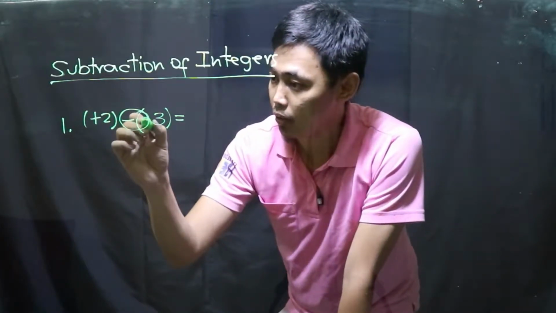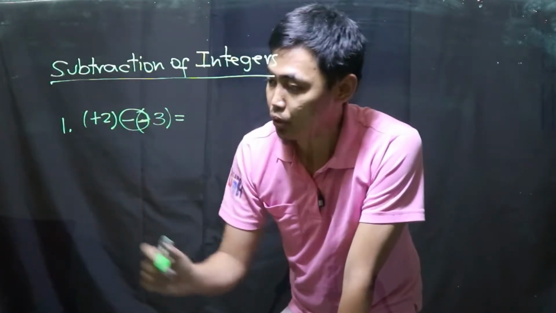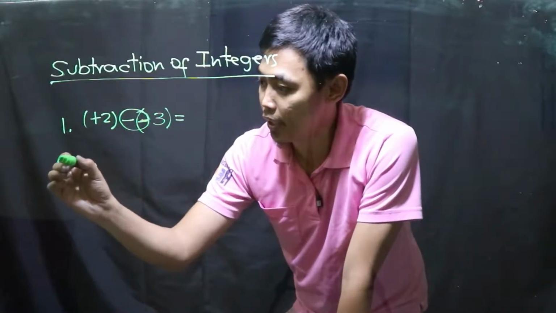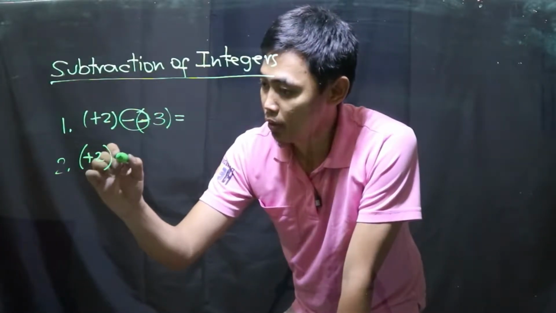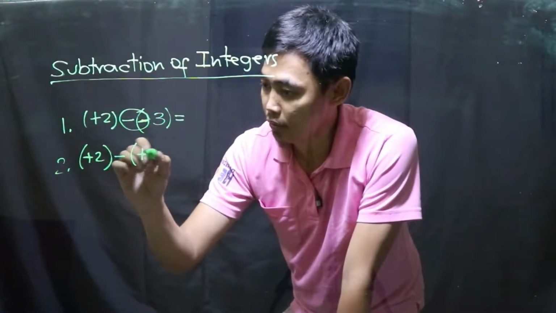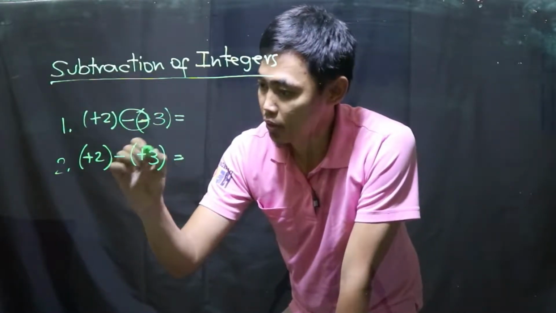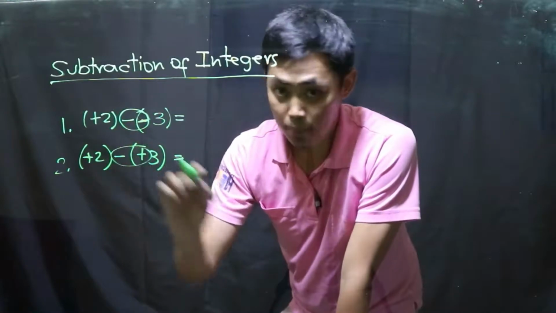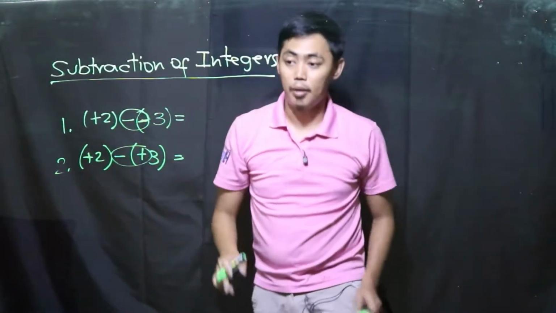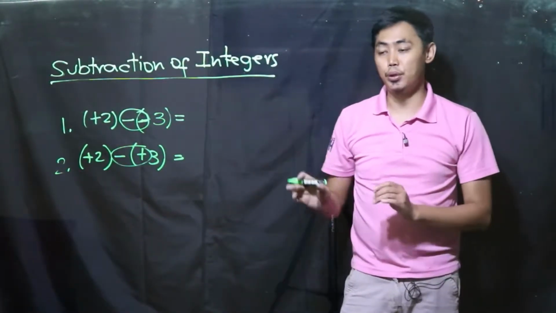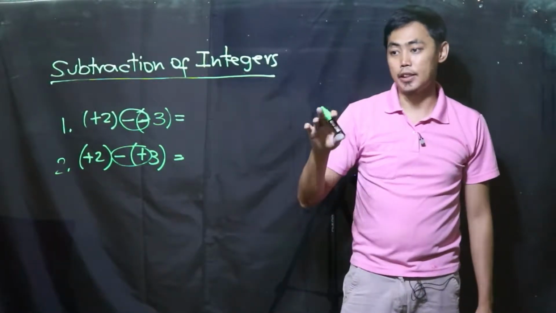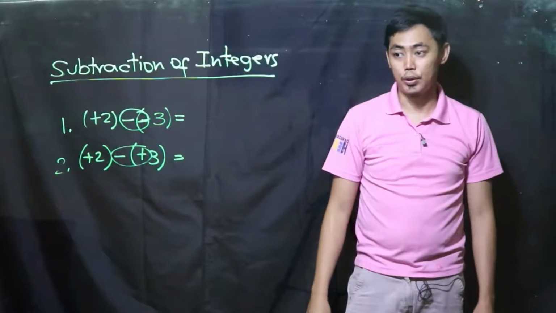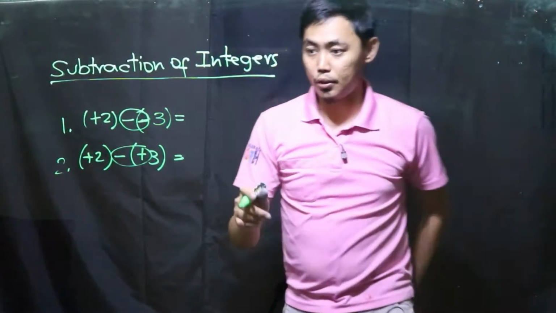Okay, so here we have minus minus. Let's have another. How about positive 2 minus positive 3? So we have minus plus. Okay, that is really important because our rules actually depend on the combination of the two symbols. Okay, so let's go to the rules now.